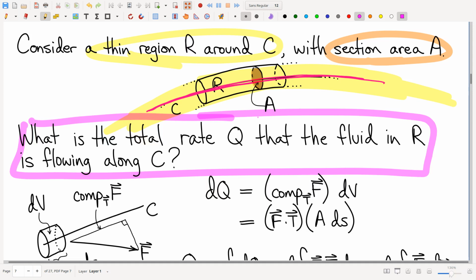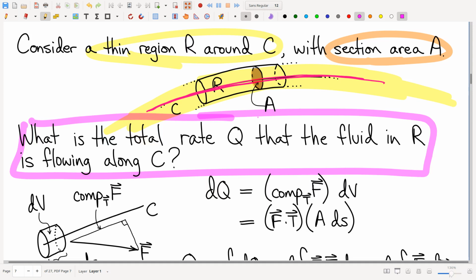Now, also, to some extent, maybe it's flowing this way, it'll be flowing perpendicular to the curve. That's the part I don't want, right? As the fluid flows, I want to look just at the part flowing along the curve. And I want to add that up over this entire yellow region. It's weird. But again, I get to ask the question if I want to. And again, it's going to turn out this is actually very natural.